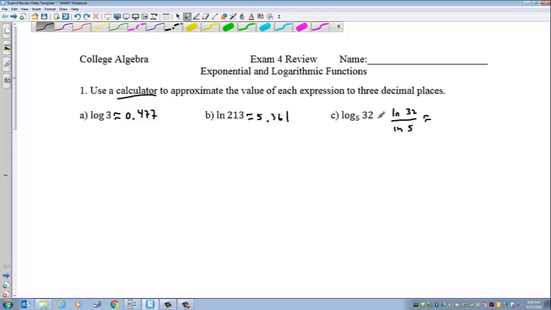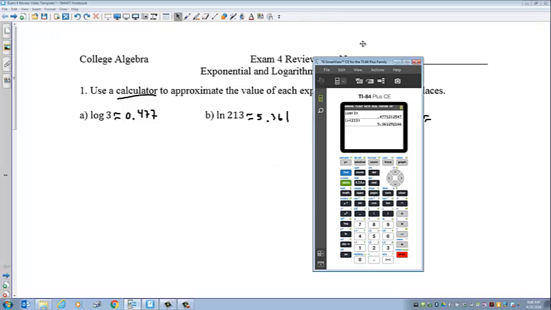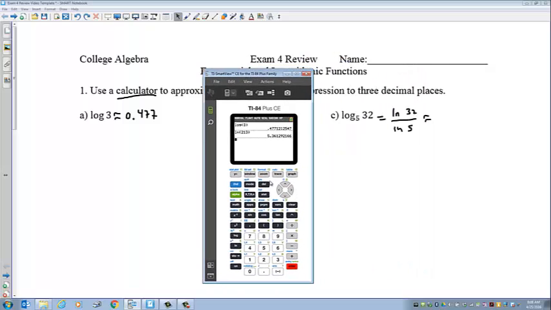Then it's going to be approximately, we'll use our calculator here: ln of 32 in parentheses divided by ln of 5 in parentheses, and we hit enter, and it spits out our answer of 2.153.